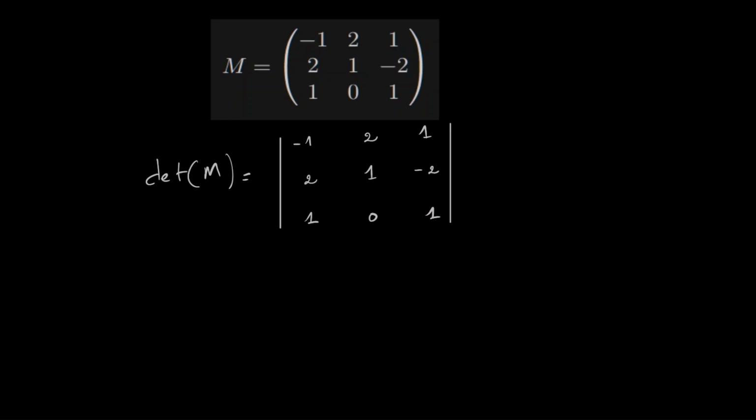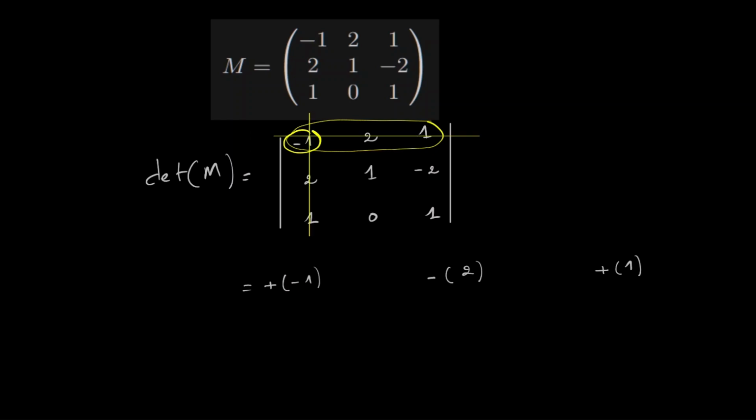To do this, we will expand along the first row. We take each element of the first row, multiply it by its alternating sign, and then multiply it by its 2 by 2 minor determinant. For the first position, we need to eliminate the first row and the first column.